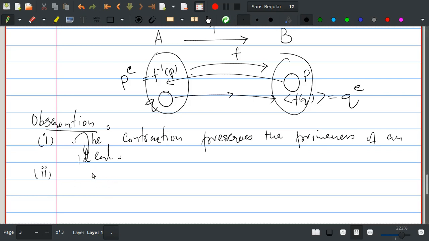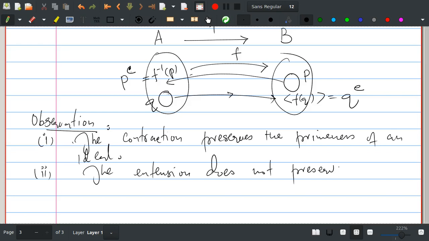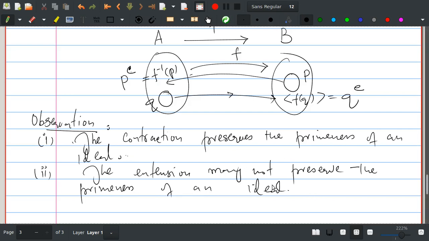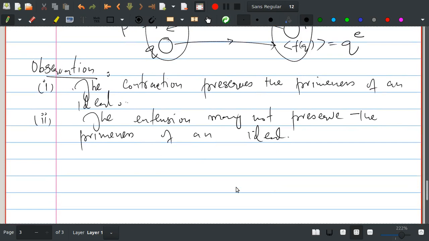So the second observation is the extension may not preserve the primeness of an ideal. So this is true. Now let us give some examples to support the second argument, i.e. the extension may not preserve the primeness of an ideal.